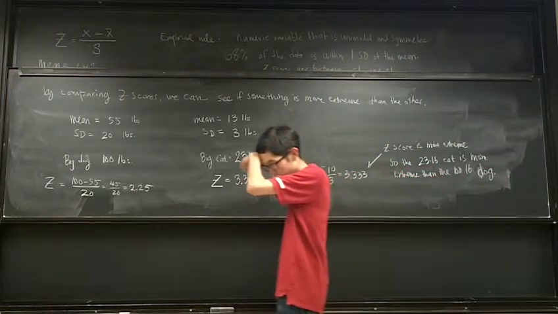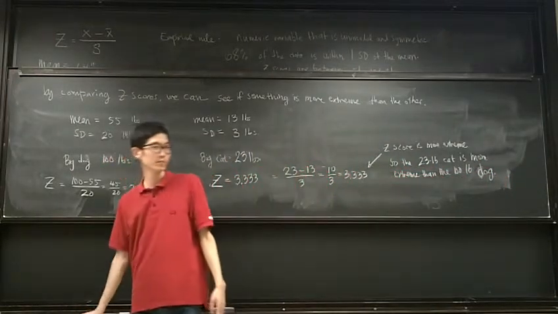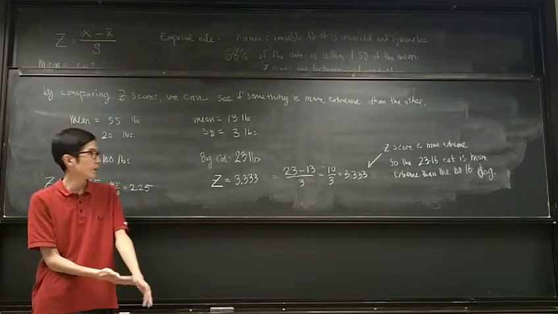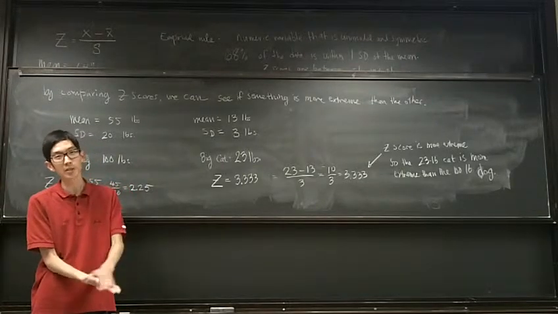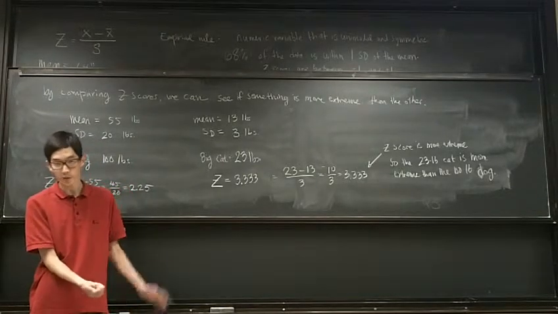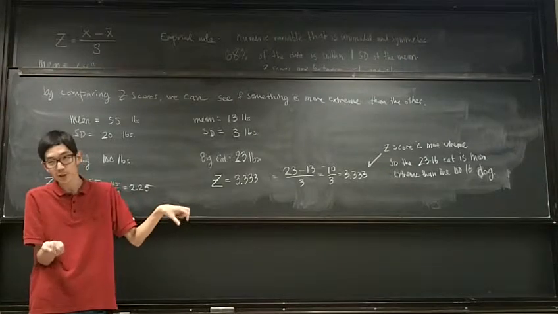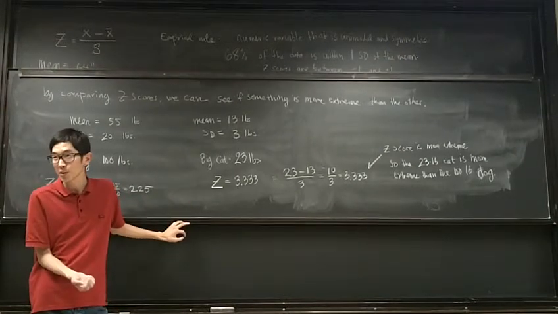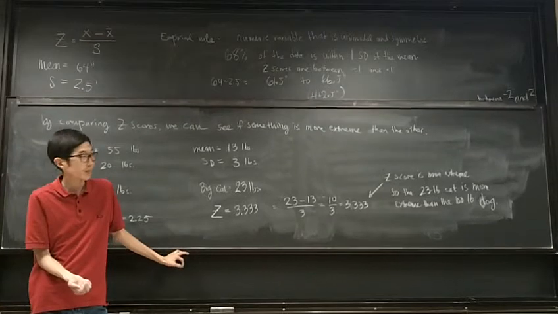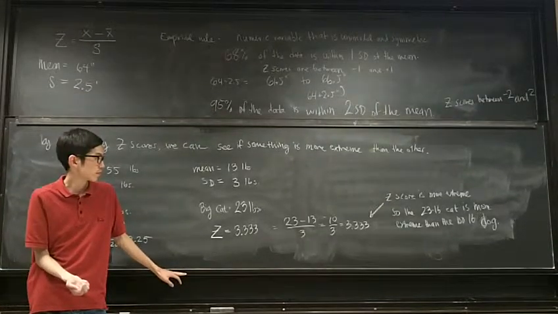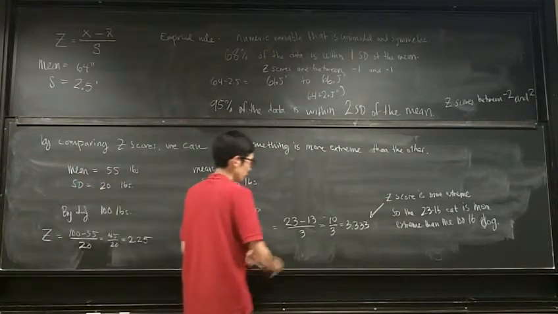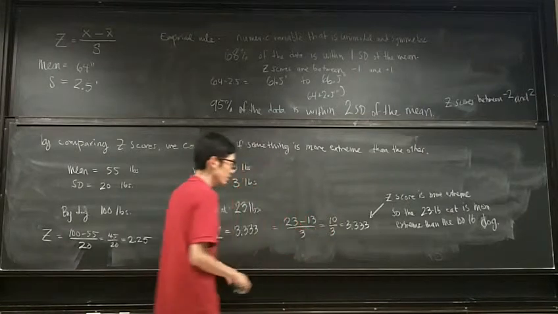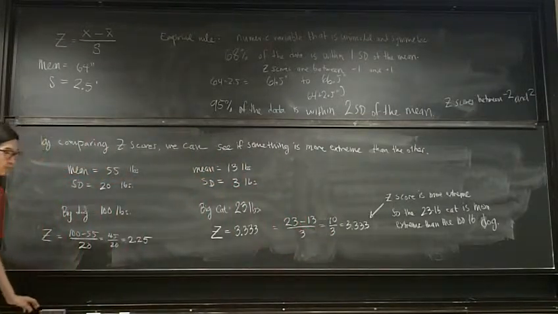Did we make up the SD? Yeah, I made up the SD for both of these. I made up the mean and standard deviation for all of these things. But if you're given a mean and standard deviation, you've got to be able to find z-scores for things like that. Is that negative 10/3? No, that's just residue from previous.